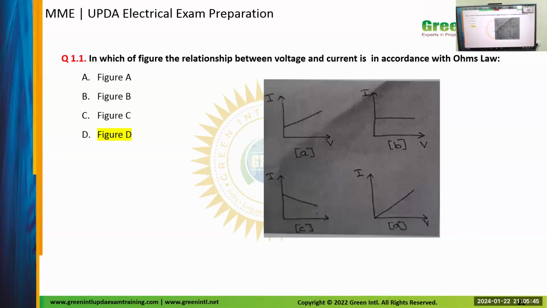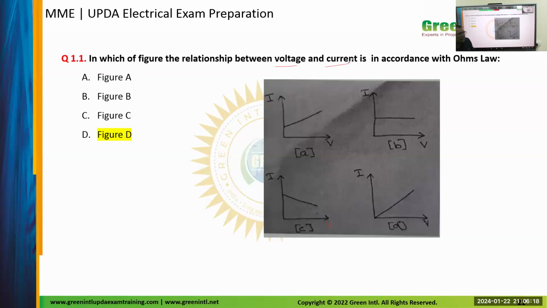Here the question is related to Ohm's law. We have 4 diagrams. Which diagram obeys Ohm's law? First, we need to check the x-axis and y-axis. In all 4 options, the y-axis is current I and the x-axis is voltage V. Then we check that voltage and current increase linearly.